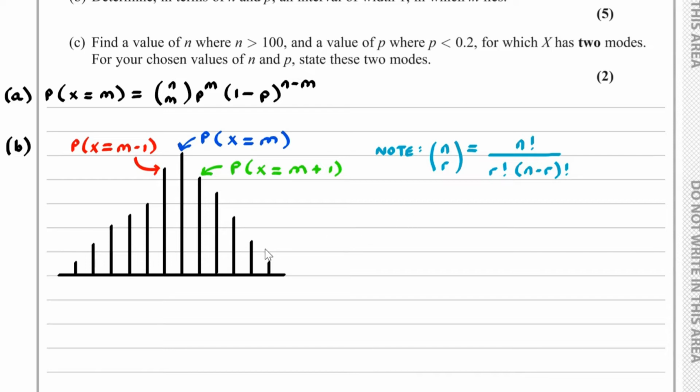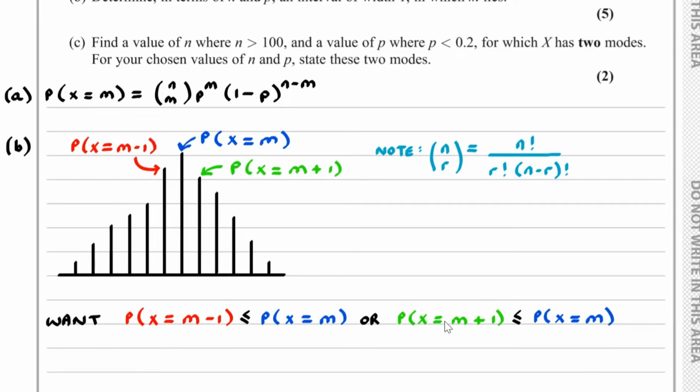Now what exactly do we want in this question? Well, what we want is the probability that x is equal to m minus 1 to be less than or equal to the probability that x is equal to m. That makes sense because m would correspond to the mode and we've got a width of 1. Or we've got the probability that x is equal to m plus 1 being less than or equal to the probability that x is equal to m.